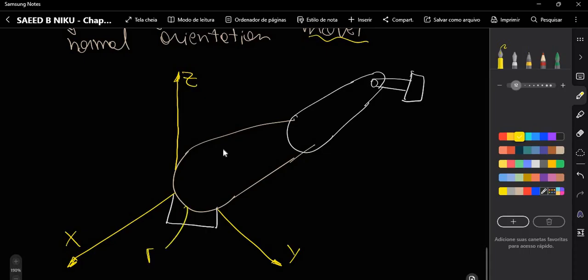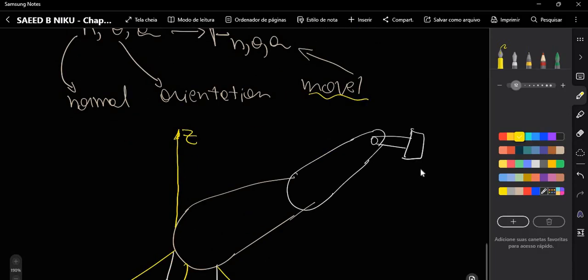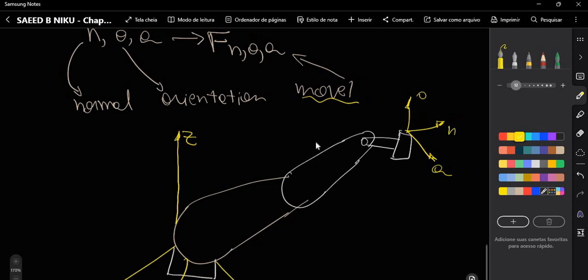Here is the fixed reference system, and here we have this other reference system, but this one is not fixed, it is moving: O, N, and A. Okay.